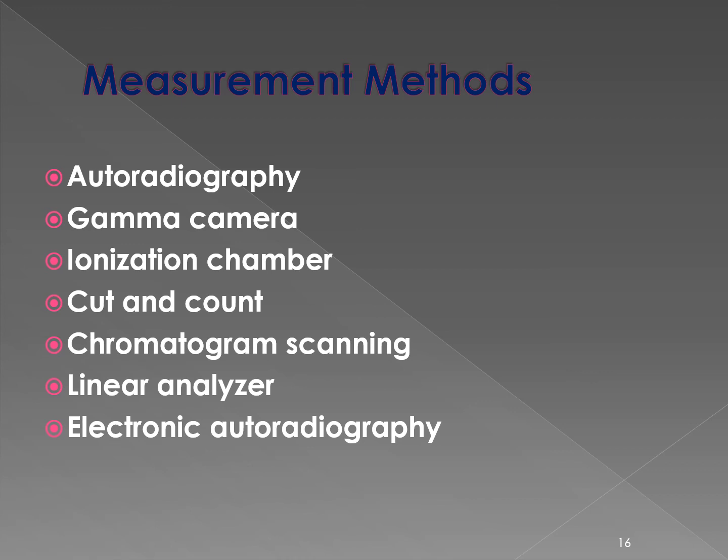Gamma camera, ionization chamber, cut and count, chromatogram scanning, linear analyzer, electronic autoradiography. These are all the main detection systems used in radiochromatographic separations to analyze different radio-labeled compounds based on their detection limits.